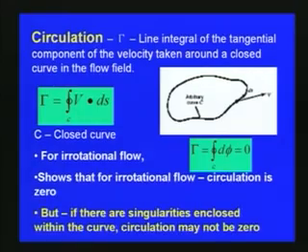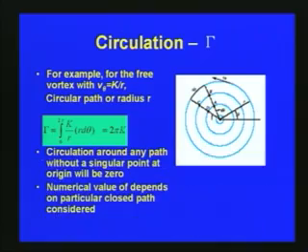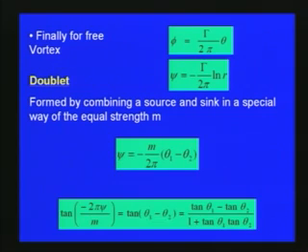We have already seen earlier the general definition of phi is equal to k theta and psi is equal to minus k natural log r. With respect to the circulation gamma, for the free vortex the velocity potential phi is equal to gamma by 2 pi theta, and the stream function psi is equal to minus gamma by 2 pi natural log r.